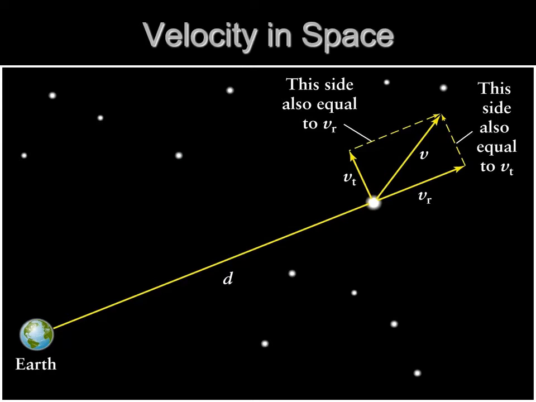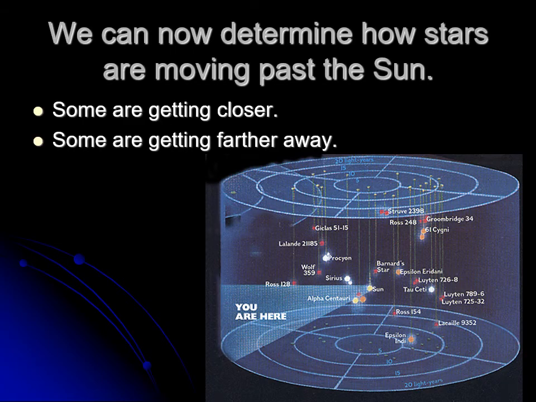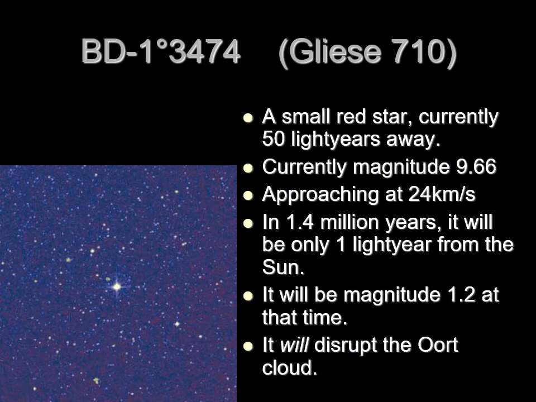That turns out to be very important, because we know that our sun is just a star in the midst of a bunch of other stars out here. Some of them have radial velocities, some have tangential velocities, so that means they're all moving around. Some are getting farther from us, some are coming closer to us. One interesting thing that we find is that there's one star with several different names.